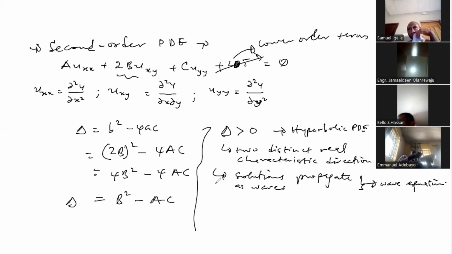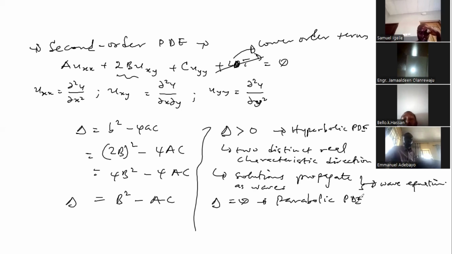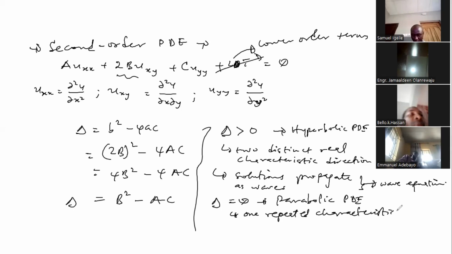Now, when the discriminant is equal to 0, we already mentioned that this is a parabolic PDE. Here we have one repeated characteristic direction. So it means that the solution evolves in one direction, right? Not in multiple directions like the hyperbolic PDE.